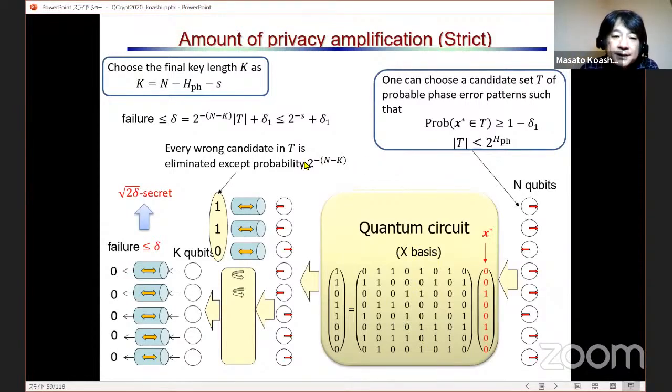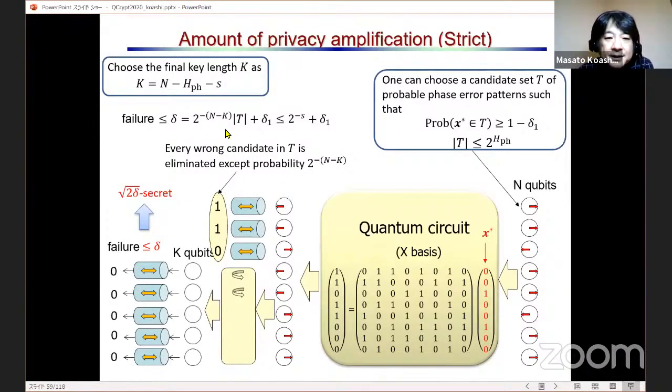So anyway, if this is the case, then actually the possibility of failure here is only two cases. One case is that the true pattern here does not belong to this candidate set. Then it would fail. That probability is delta 1 here. And another possibility of failure here is that one wrong candidate survives this elimination process.